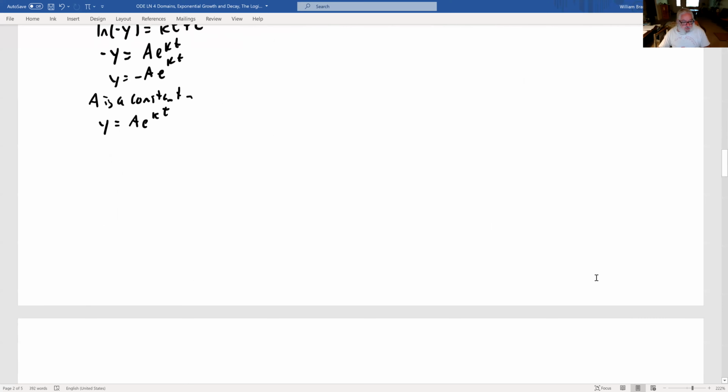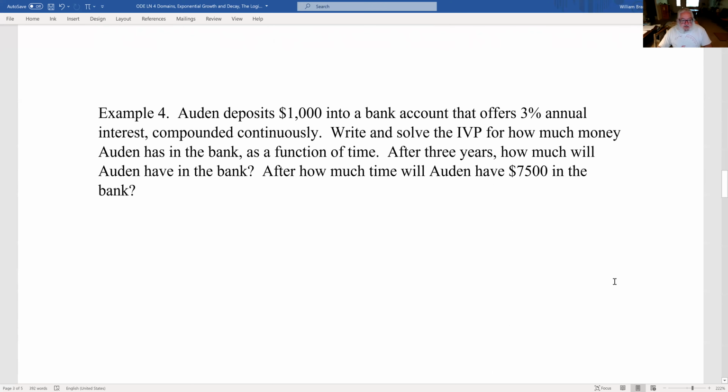So what kind of examples do we have? Depositing money into a bank account that offers 3% annual interest, compounded continuously.